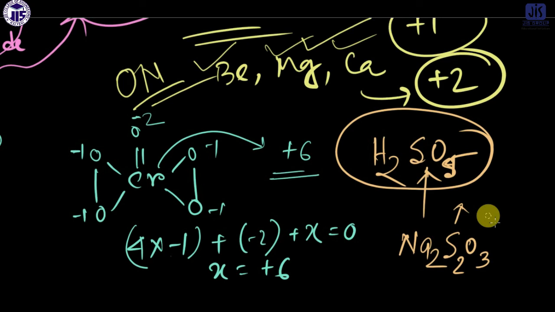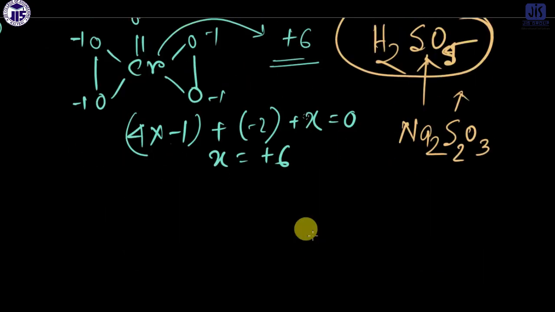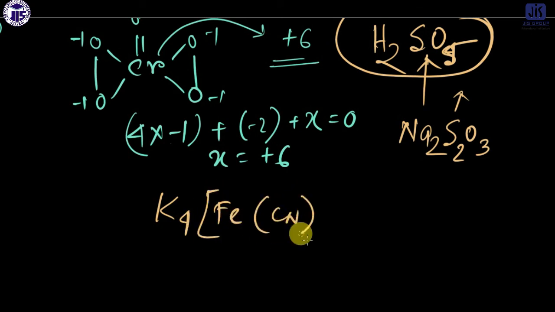Another thing is that there are some very common examples, like what is the oxidation number of iron in K4Fe(CN)6? Here it is a very simple case.